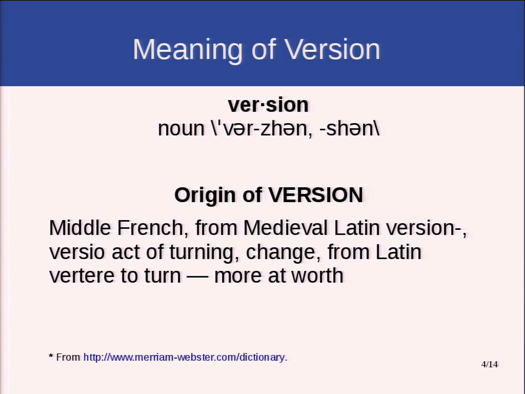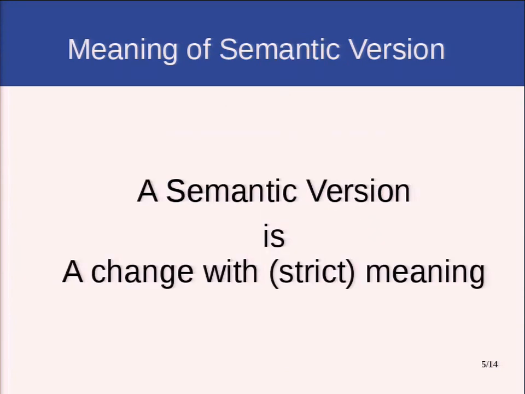A change is indicated by version. And you can only indicate a change if you have something like it was before and something like it is now, so you need multiple artifacts for that. So a semantic version means a change with a strict, clearly defined meaning between how it was yesterday and how it is now. We got that right just from the language.